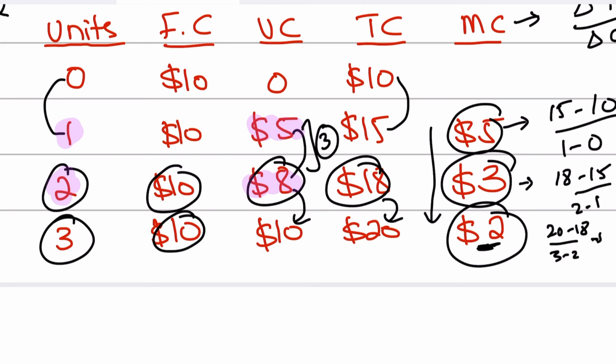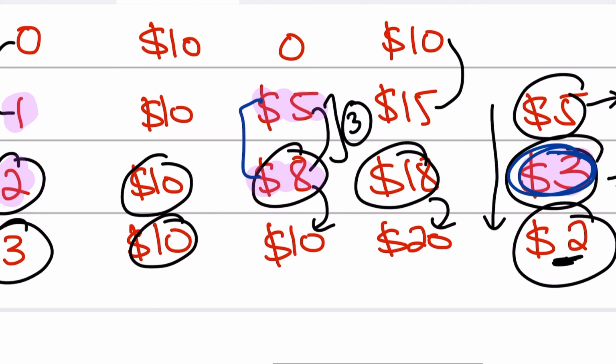The additional unit, that is the second unit, has resulted in an extra $3 cost being incurred for the business, which is the marginal cost, right? And this marginal cost has been incurred because the business has produced an additional unit. This extra $3 cost is the marginal cost, which is simply the extra variable cost that the business has incurred, right?